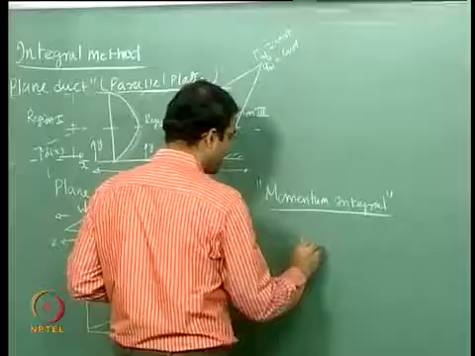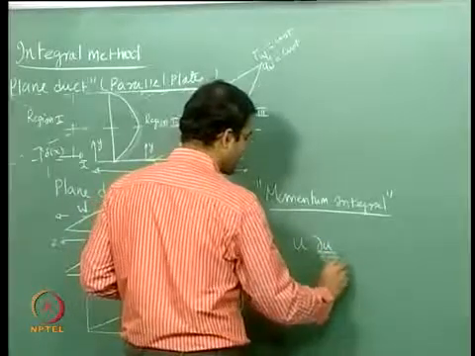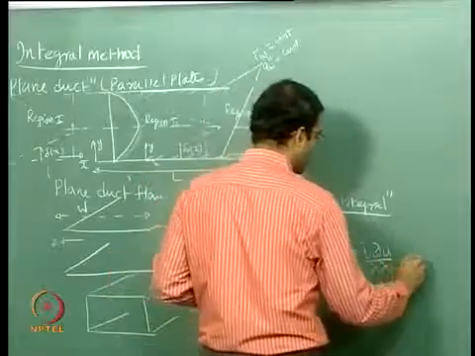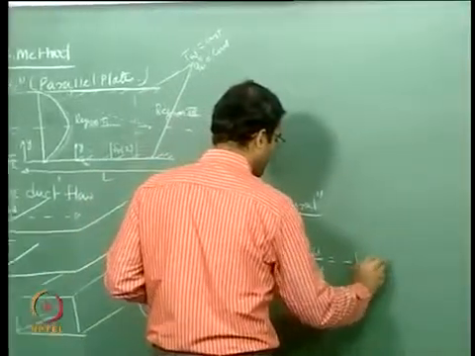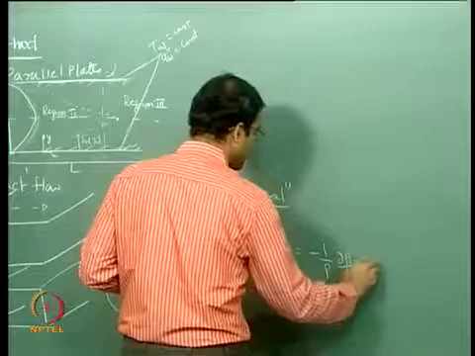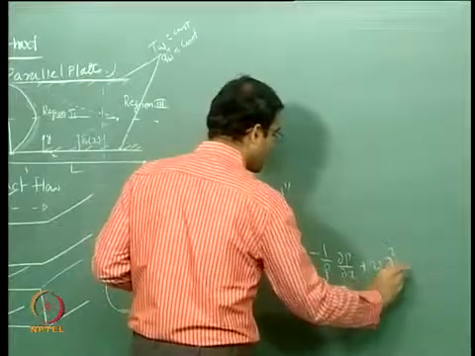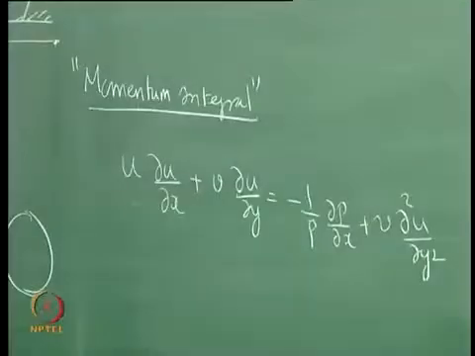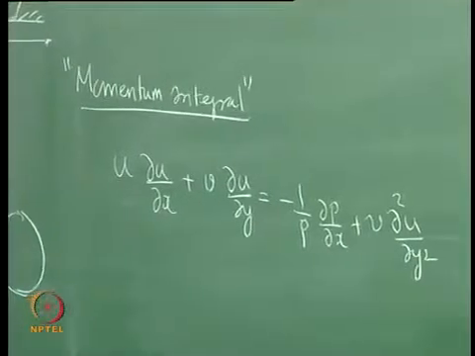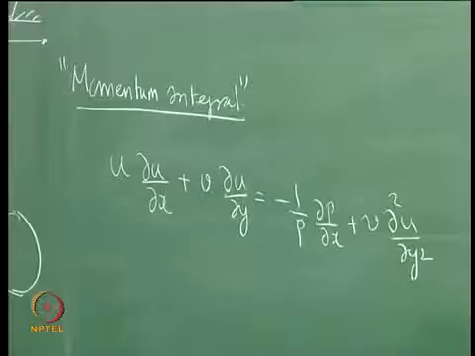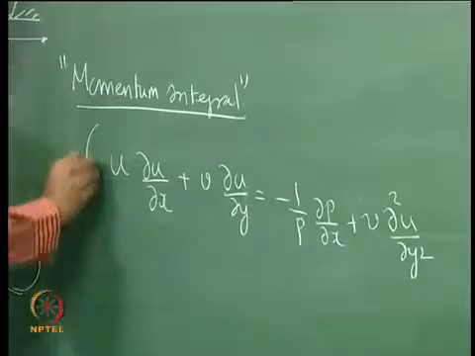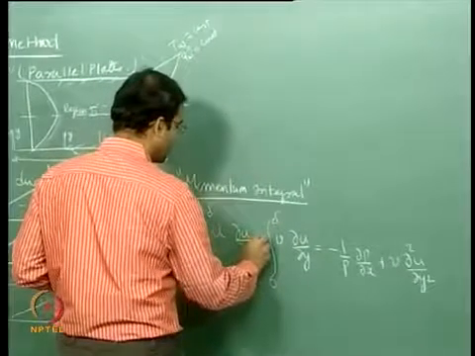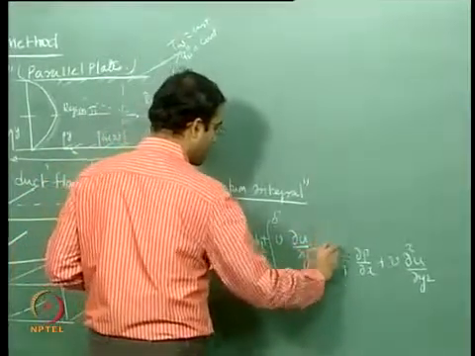Okay, so you say u du/dx plus v du/dy is equal to minus 1/rho dp/dx plus nu d²u/dy². So this is your boundary layer momentum equation, correct, without the viscous dissipation term. Now you integrate this from 0 to delta dy, and you get your momentum integral equation.